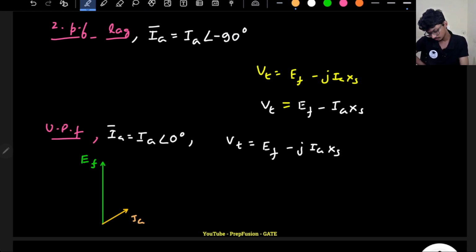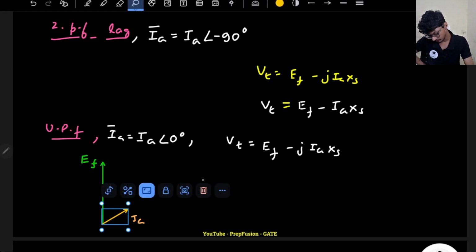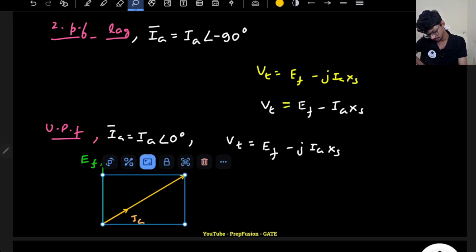Now, how can I write my VT in terms of IA? IA is here and EF is here. So VT has to be along this line, no matter what, because it is a unity power factor. So VT and IA must be parallel to each other.